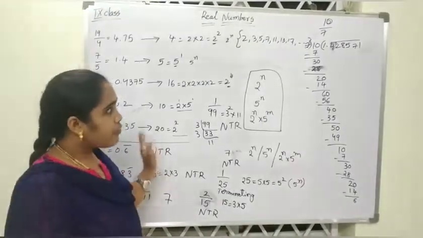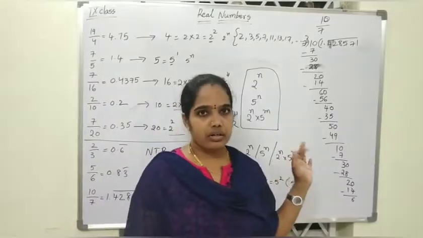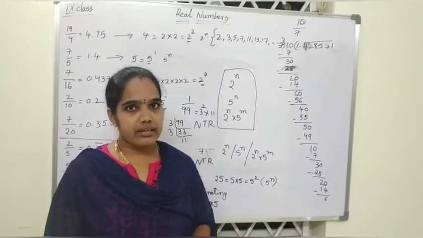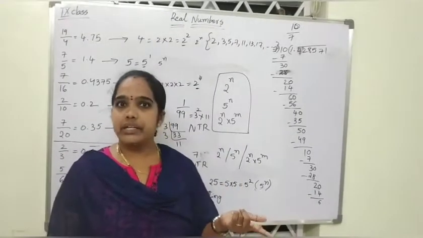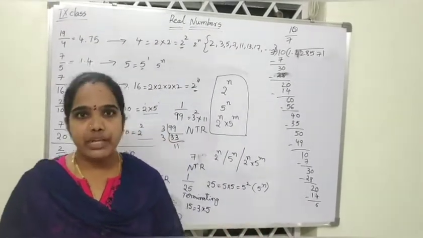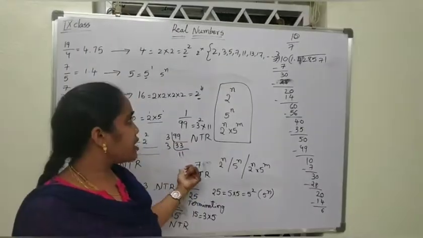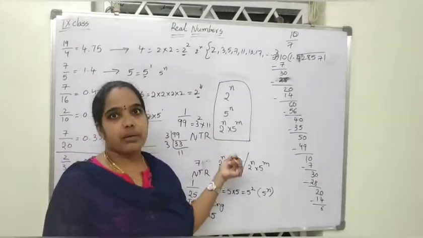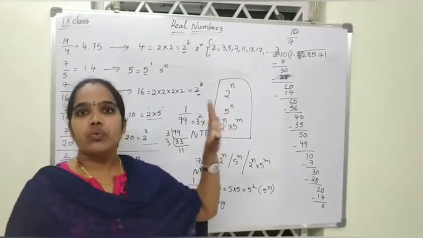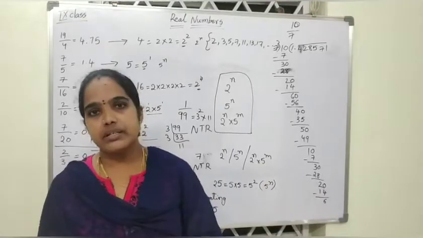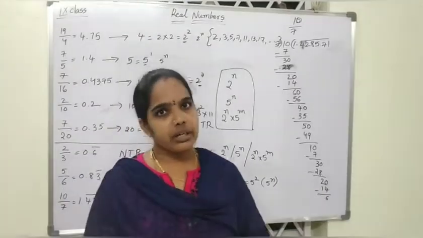So from this, what we have learned is that any rational number we can write as only either a terminating decimal or a non-terminating recurring decimal. And also without doing division, by observing the denominator we can say whether it is a terminating decimal or a non-terminating recurring decimal.